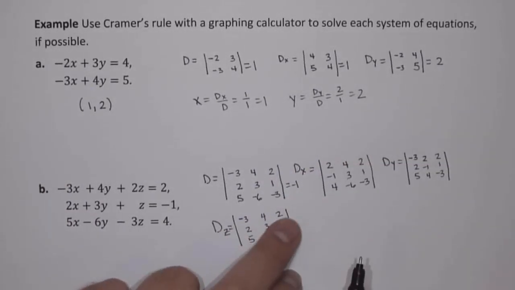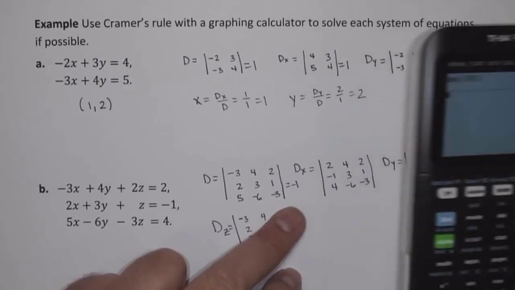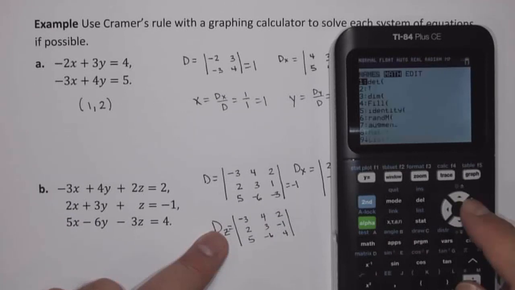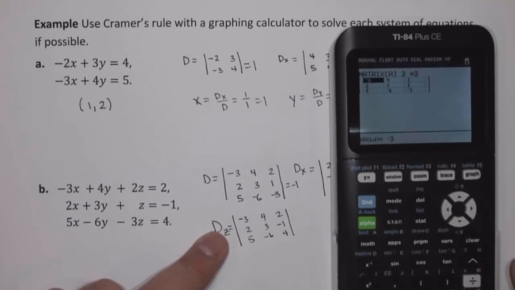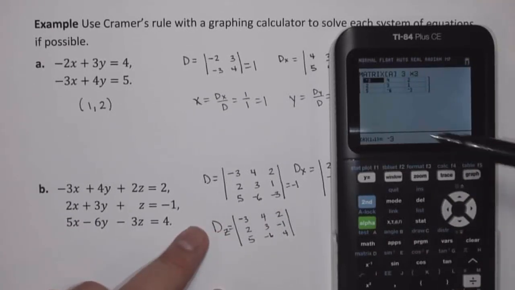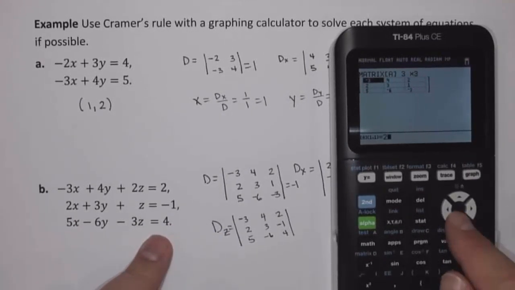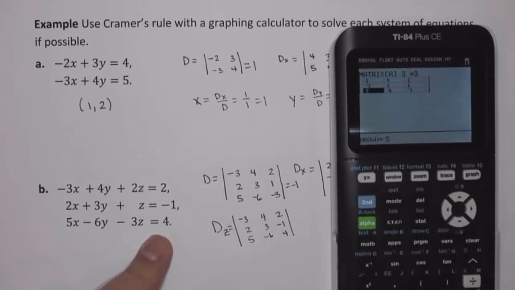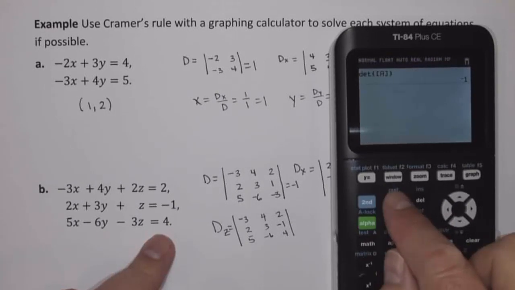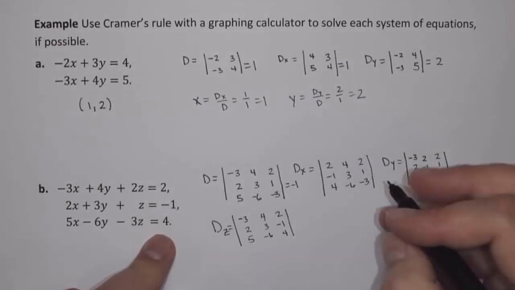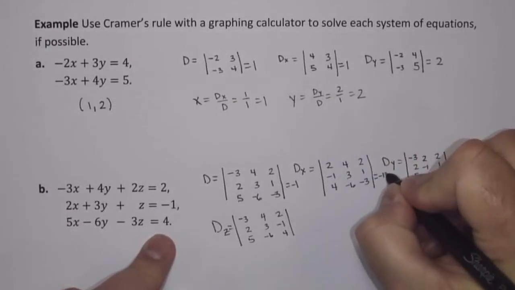That's D. Now d of x, I'm going to go back to matrix A, and I'm going to replace that first column with the 2, negative 1, and 4. So I'm leaving the rest of that matrix alone. Second quit. And this time I'm just going to do second and enter to pull that back up and say enter. That is negative 14. So d of x is negative 14.